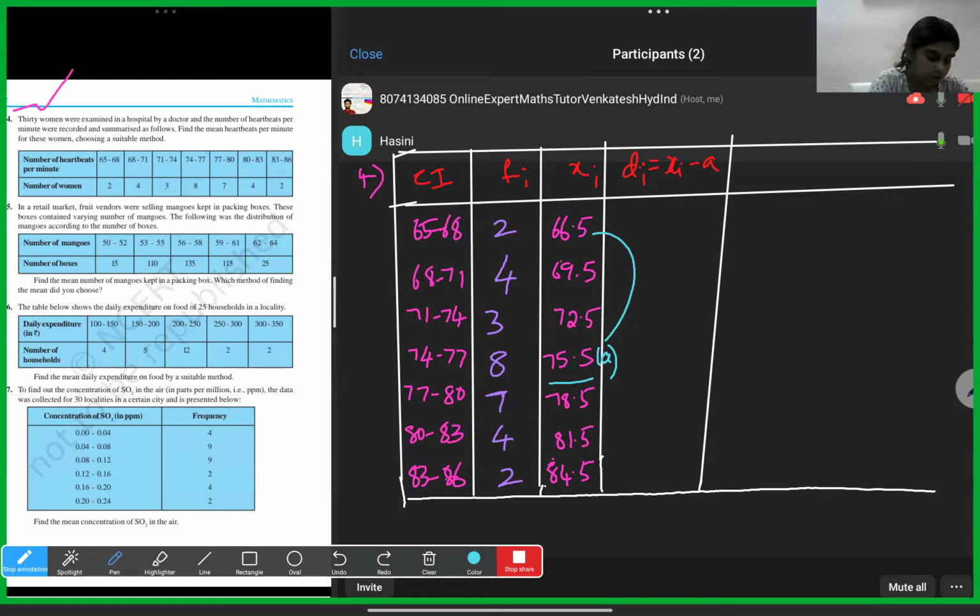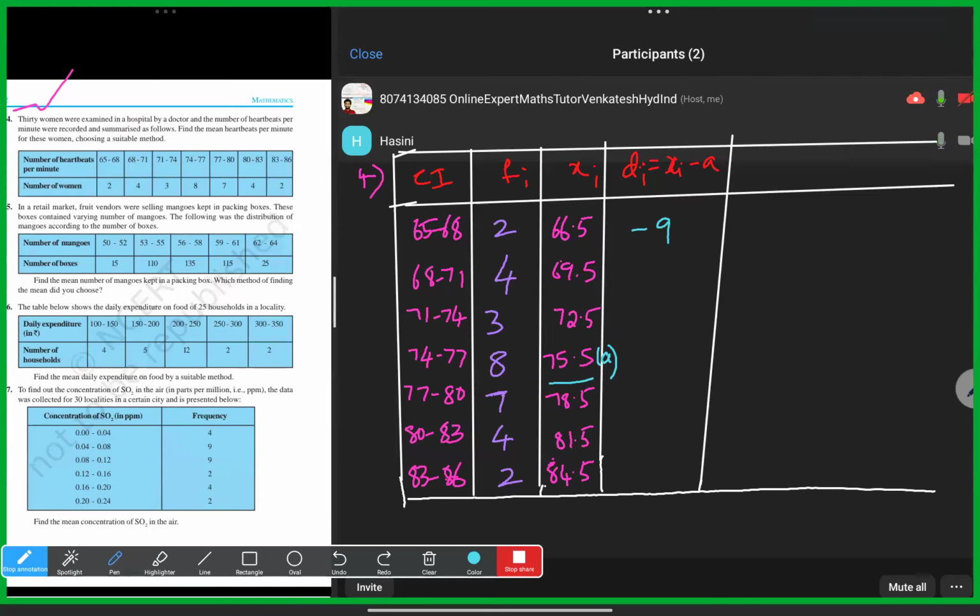So tell me quickly, 66.5 minus 75.5. We get 75.5 minus 66.5 is 9, but smaller minus bigger, you'll get minus 9.